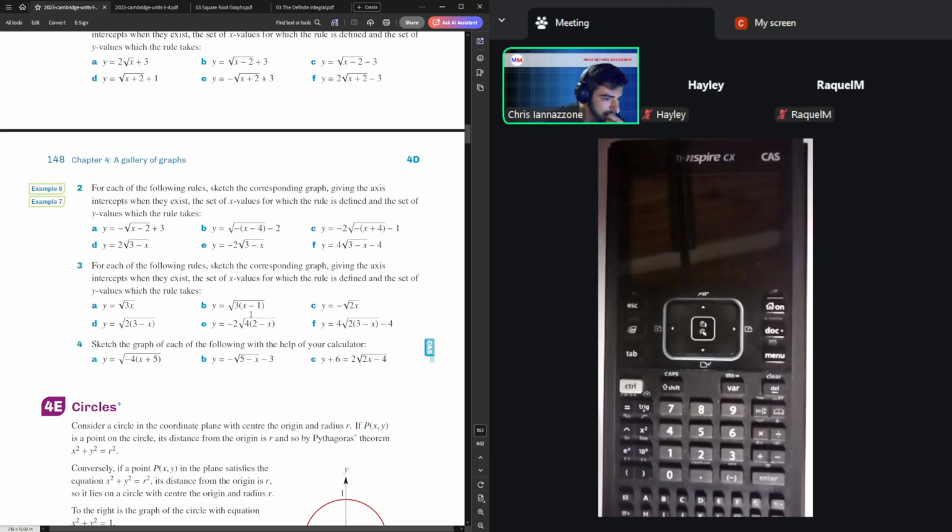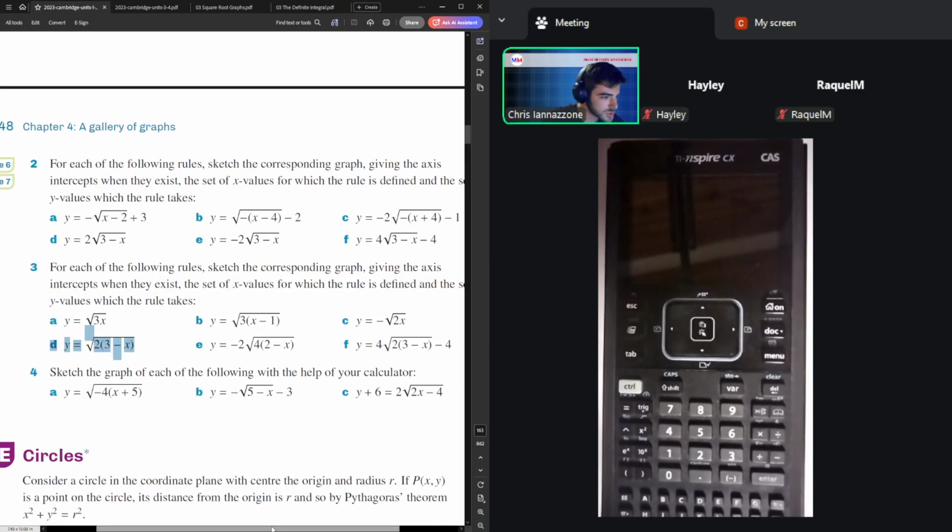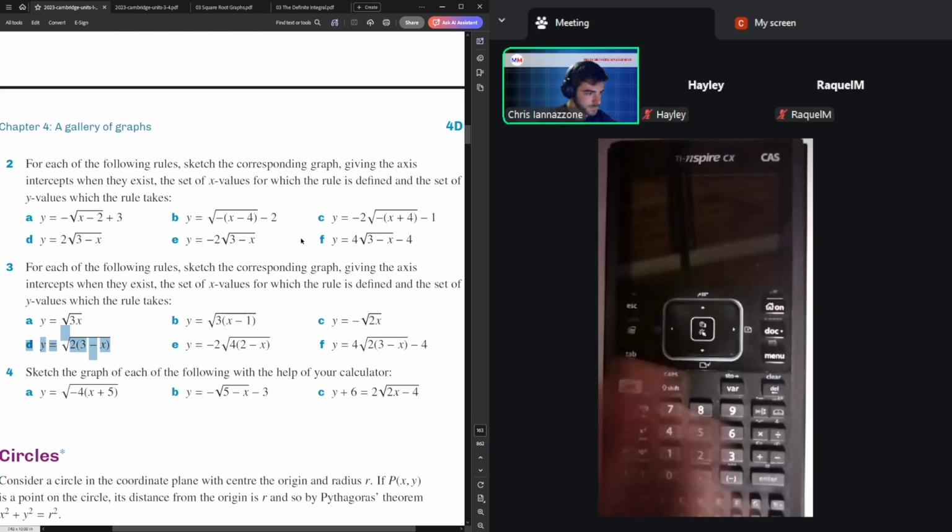We'll have a look at something like 3D seems about right. Yeah, we'll just sketch this one end to end, 3D.